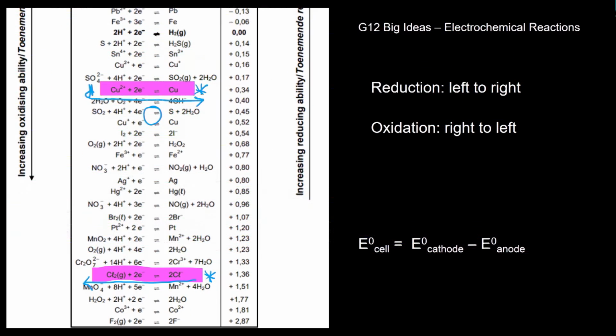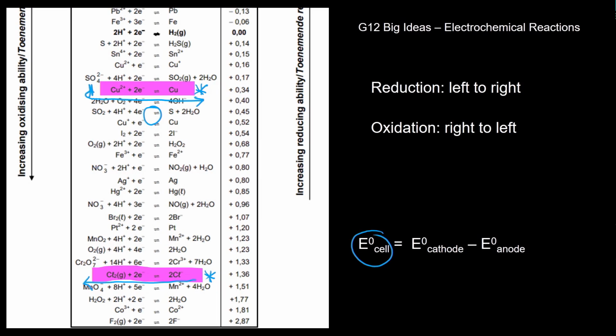The other thing that I want to tell you is that depending on where they are in this table, you are going to get a potential difference, and it's called the E0 of the cell. And that tells you whether this reaction is spontaneous or non-spontaneous. And we do it by calculating using that formula. We get the value of the potential difference at the anode and the value of the potential difference at the cathode, and we subtract the two.